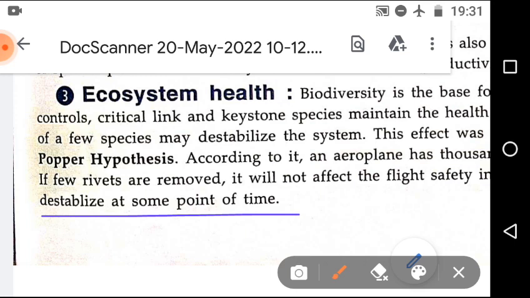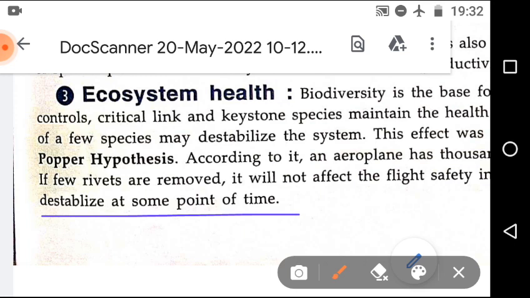It is saying that by removing some of the rivets in the aeroplane, the aeroplane initially will not have any damage. It will safely fly and land. But with the course of time, after a certain time, the aeroplane will destabilize at some point. Similar with the ecosystem also.